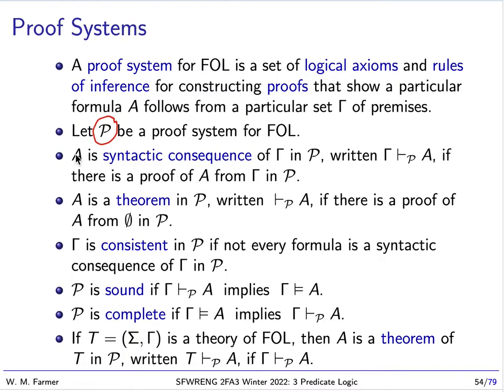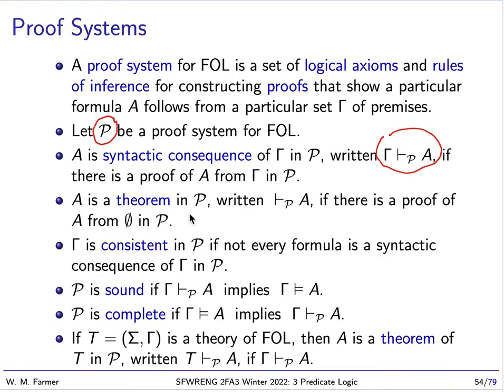And we'll say that A is a syntactic consequence of gamma, where A is a formula and gamma is a set of formulas, in P, which we write like this, if there is a proof of A from gamma in P. In other words, we can prove A from gamma and the logical axioms using the rules of inference of P. Okay, so syntactic consequence is a special case of logical consequence.